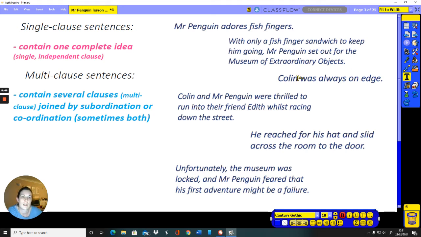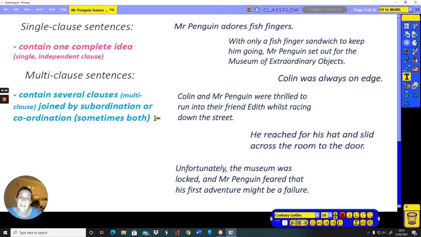This third one here, Colin was always on edge. Remember, Colin was the spider. Now, Colin was always on edge would be a single clause sentence, so well done if you got that correct. What about the fourth one here? Colin and Mr. Penguin were thrilled to run into their friend Edith whilst racing down the street. So do we think that's a single clause or a multi-clause?